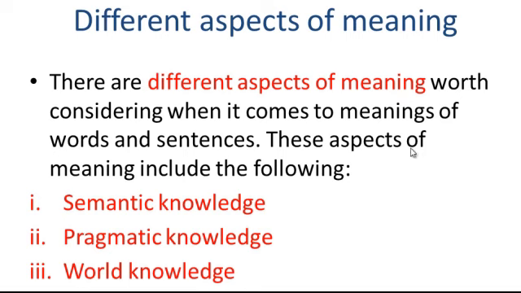So these aspects of meaning include the following. We have the semantic knowledge, pragmatic knowledge, as well as word knowledge, as we saw in the previous example, example G, which was talking about all dogs are animals.